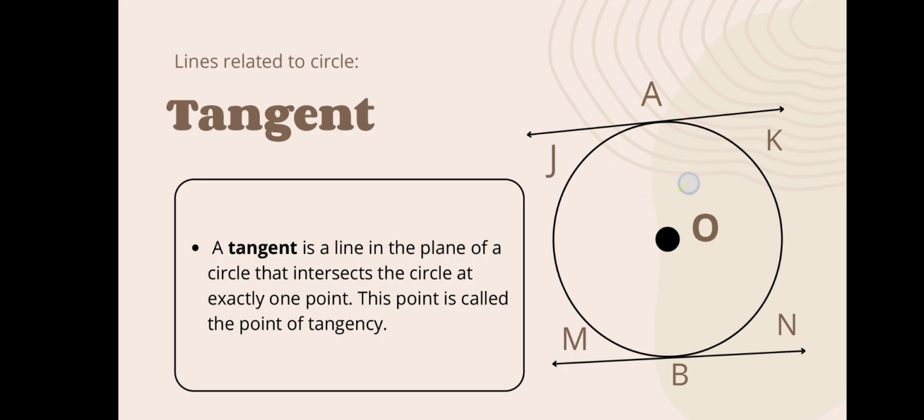So the point of tangency here in the first line is the point A. And in naming a tangent, we call it line JAK, or also vice versa. And also here, the point of tangency is here, and naming it is line MBN, and vice versa.